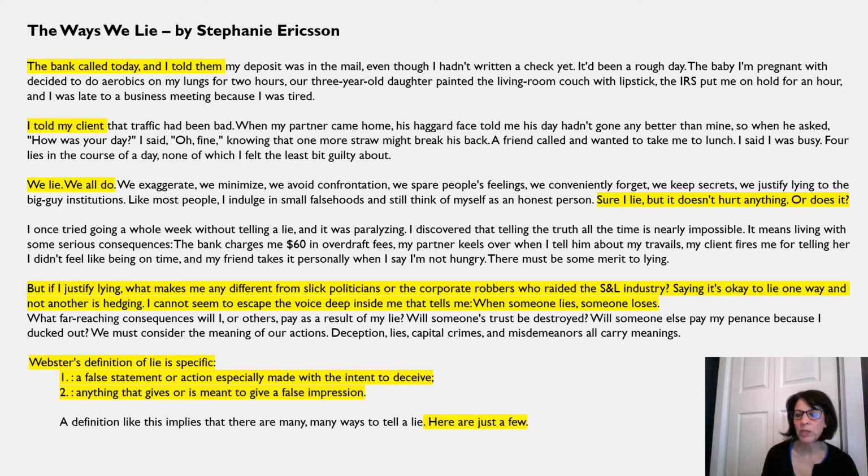If you can recall Lutz's essay, the one about doublespeak, he has a sentence that's very similar to this, and this is common. This is signaling to your reader, okay, pay attention. The rest of this essay, I am going to give you some of those ways. I'm going to use classification and division as my structuring device.